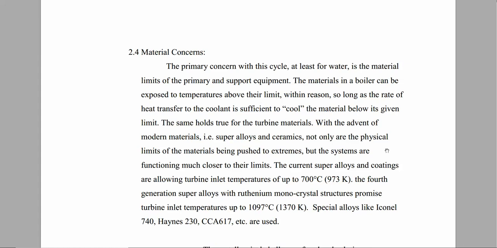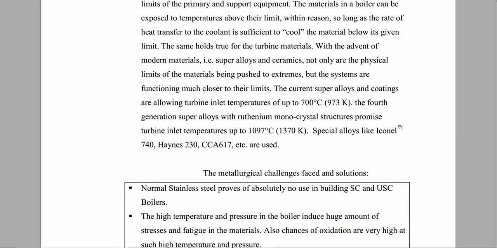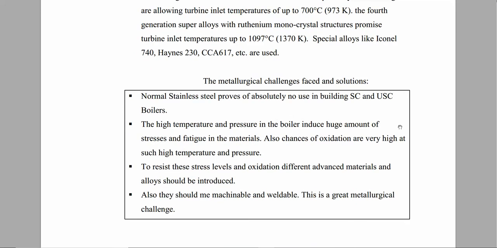The fourth generation super alloys with ruthenium monocrystal structures promise turbine inlet temperatures up to 1097 degrees Celsius. Special alloys like Inconel and Haynes and CCA 617 etc. are being used for turbine purposes.